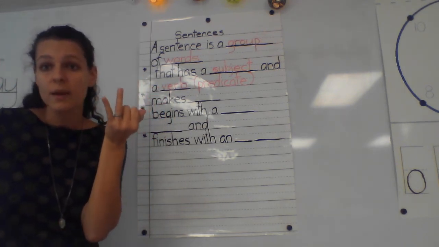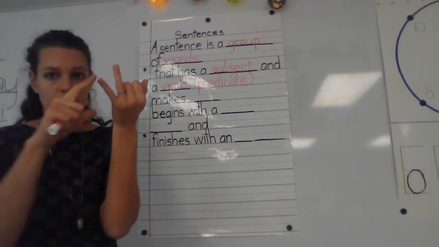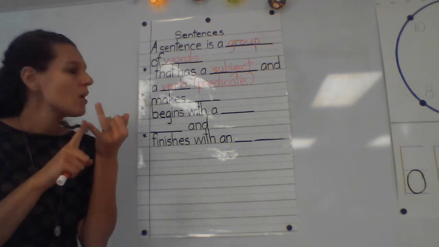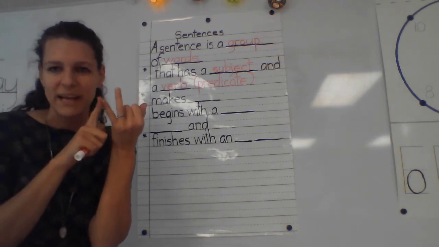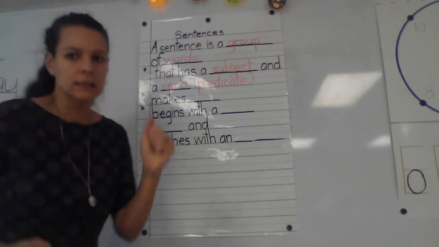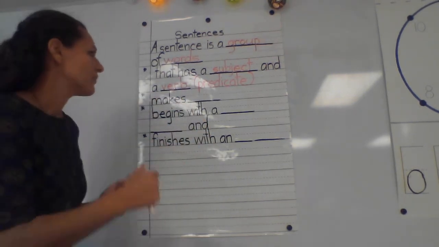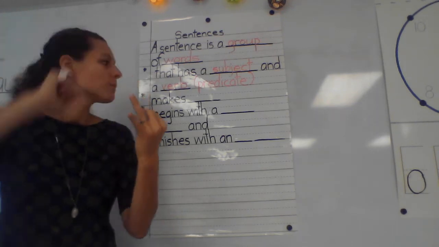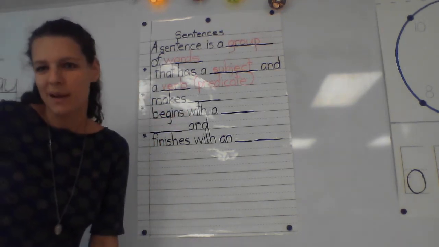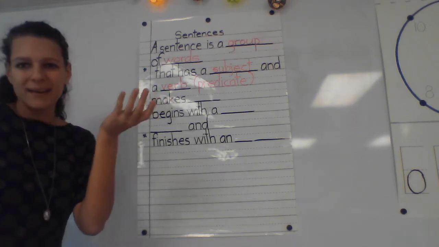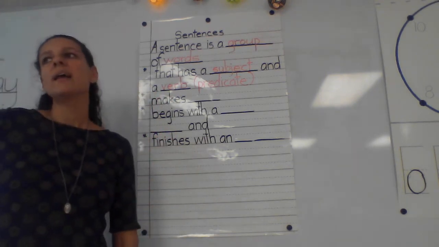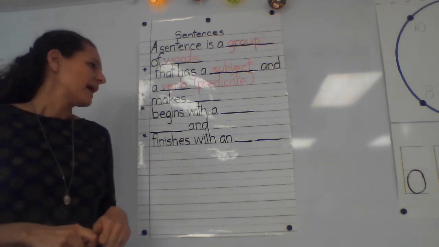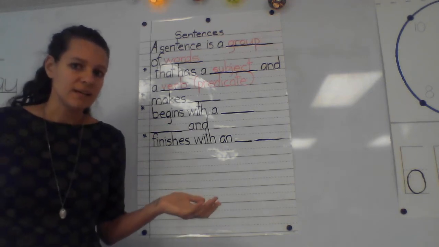So if our sentence, what did I say earlier? Mrs. No ran quickly away from the angry bull. I'm the subject. What's the verb? What's happening in the sentence? I'm running. All right, so we know that we've got a subject and a verb. All right, it has to make what? It has to make sense, right? Let's see, I could take those words and put them in a different order.